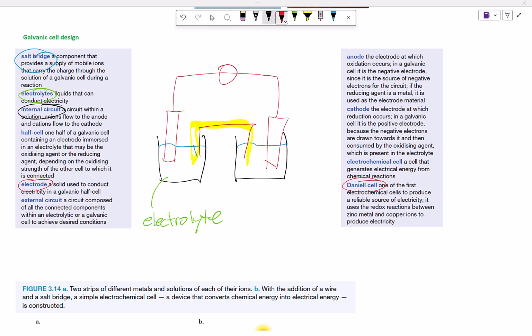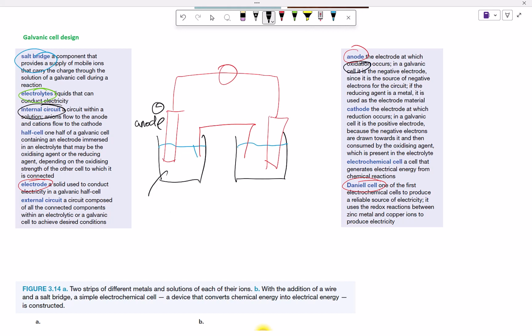So we're going to talk about the anode now. I'm going to get rid of a few things here just because they're taking up space. When we're looking at that, if this is a negative charge, that means that's the anode. And what's occurring at the anode is oxidation.